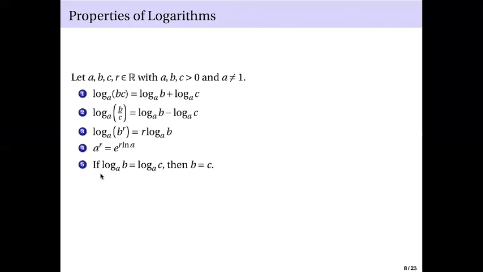Another property here: if the logarithm of b with base a equals the logarithm of c with base a, then b must be equal to c. So for equality of logarithms with the same base, the arguments b and c must be the same also.